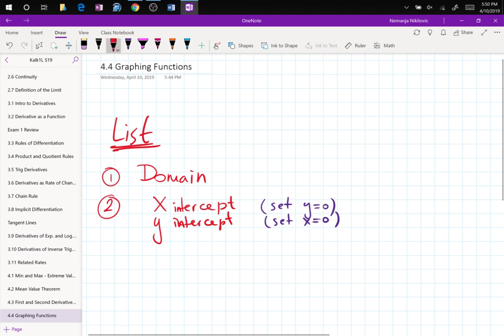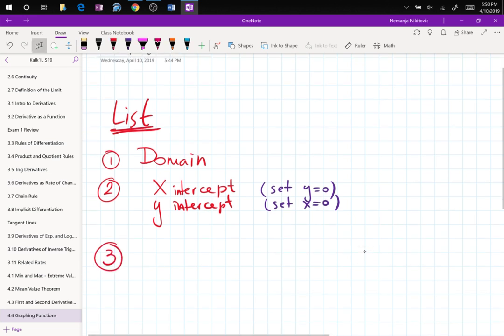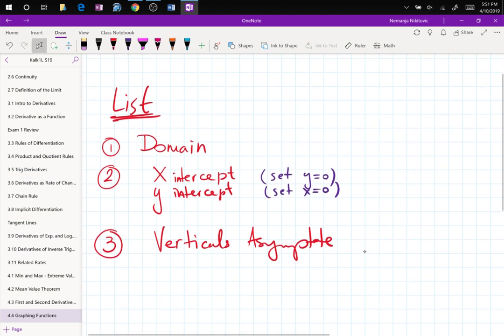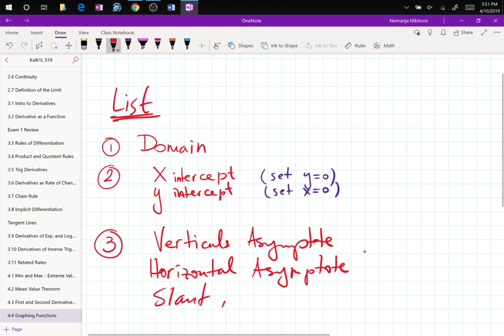So that's algebra. Number three is going to consist of three different types of asymptotes. We have vertical asymptote, now the problem might not have any. You have horizontal asymptote, and slant asymptote.